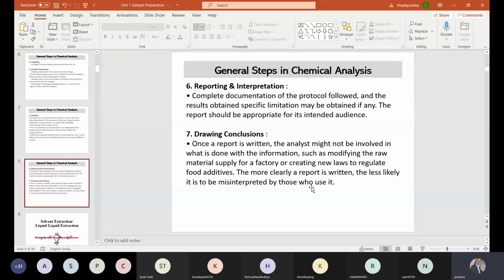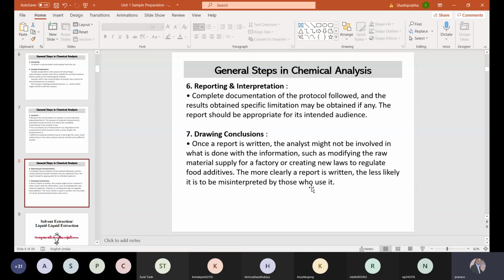It is a set protocol, a format in which you are supposed to write, of course by applying proper statistical tools. And then you can always interpret as well, so that it will be more useful to the concerned person who has given you the sample.